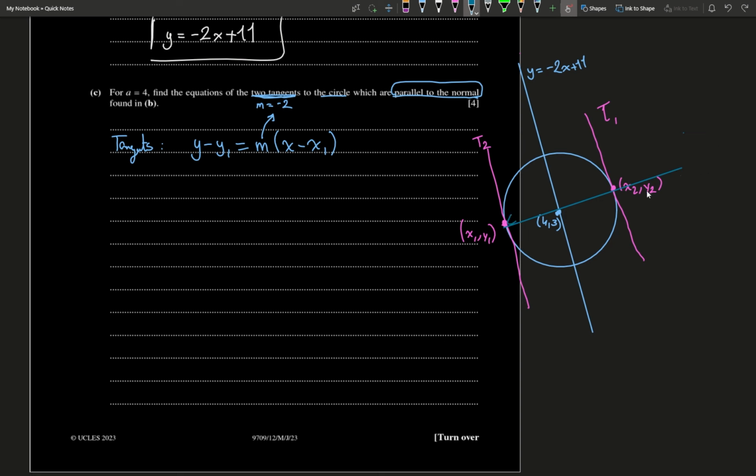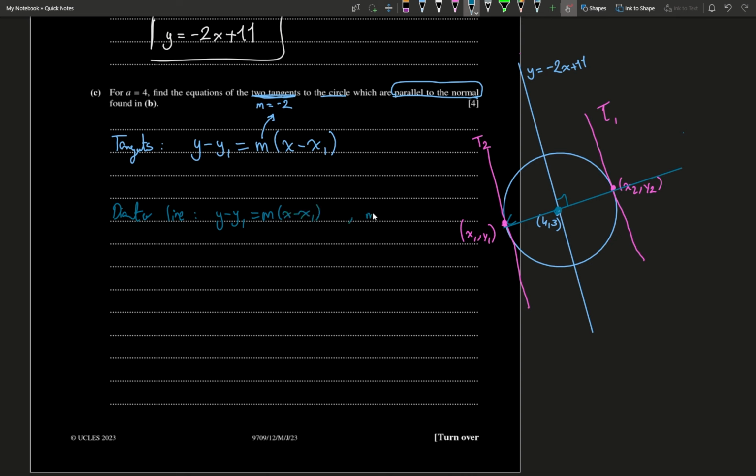حلو. We know that the diameter passes through the center, obviously. And we know that the diameter is perpendicular to the normal, meaning that it has the negative reciprocal gradient of the normal. فكان نكتب مثلا diameter line. الإيكويشن بتاعته هتكون كالآتي: y minus y1 is equal to m times x minus x1.